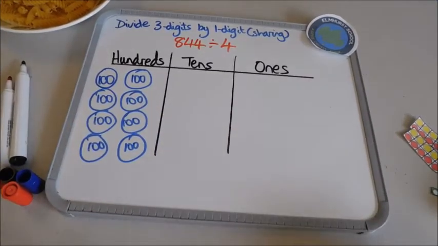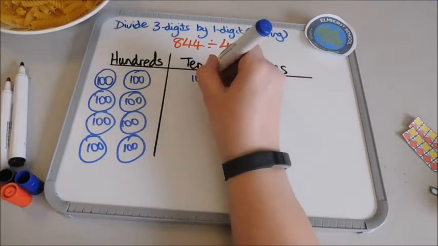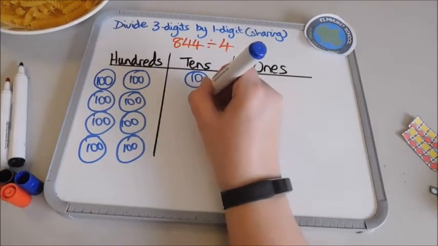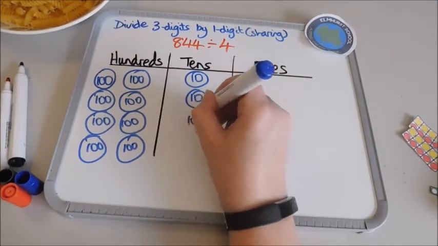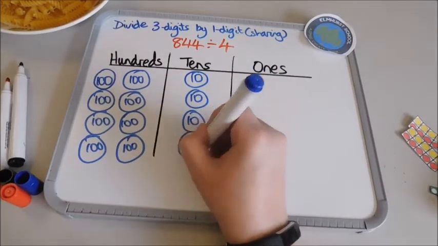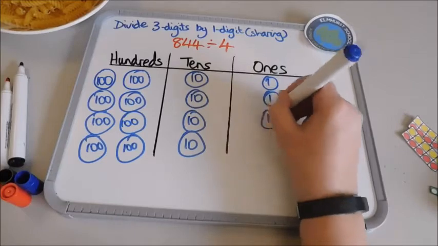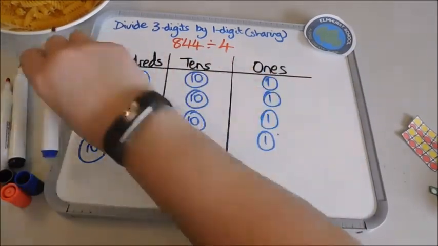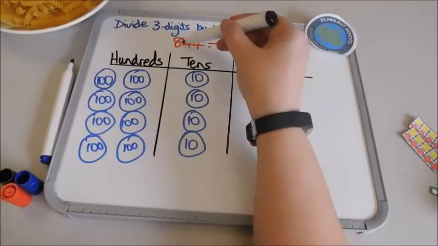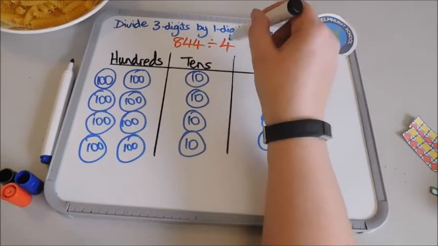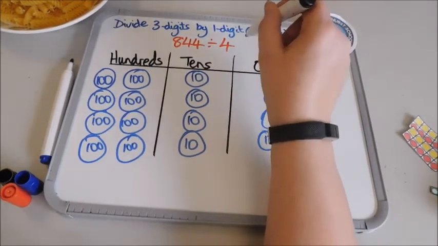Okay, 4 tens: 1, 2, 3, 4, and 4 ones: 1, 2, 3, 4. Now we are splitting the 844 into 4 equal groups.